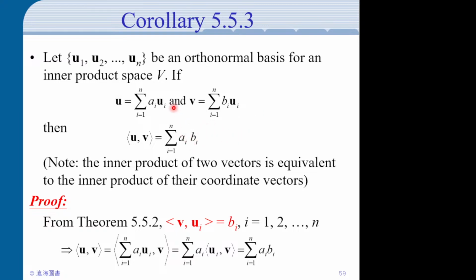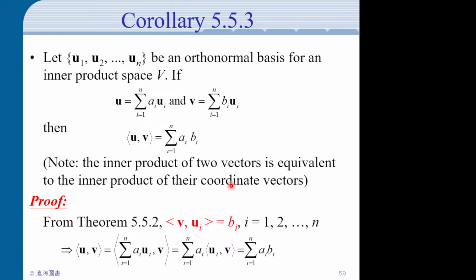It will be just the summation of coordinate Ai times coordinate Bi. So you see these orthonormal bases really behave like the standard basis in Rn, and so we have an example proof here.